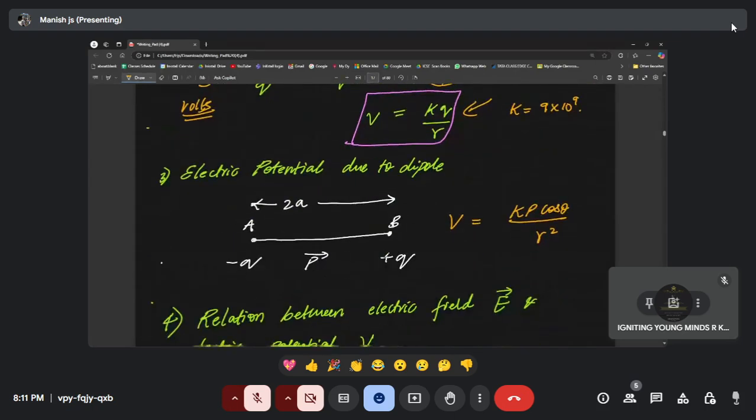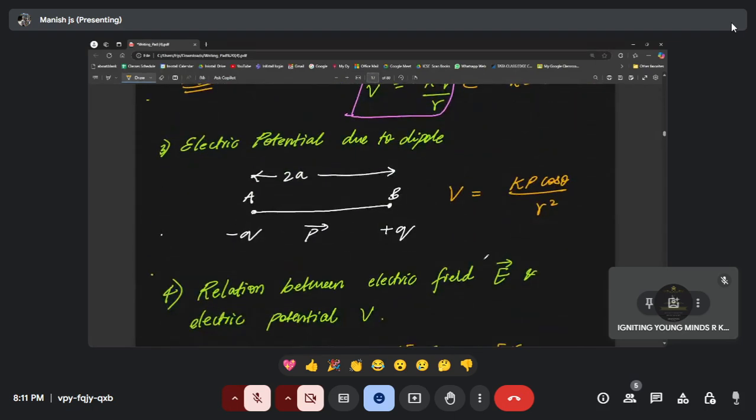Moving on to the next concept, electric potential due to a dipole. Now, I hope you know what is meant by a dipole. The word dipole itself indicates that there are two polarities. Di meaning two, pole meaning polarity.